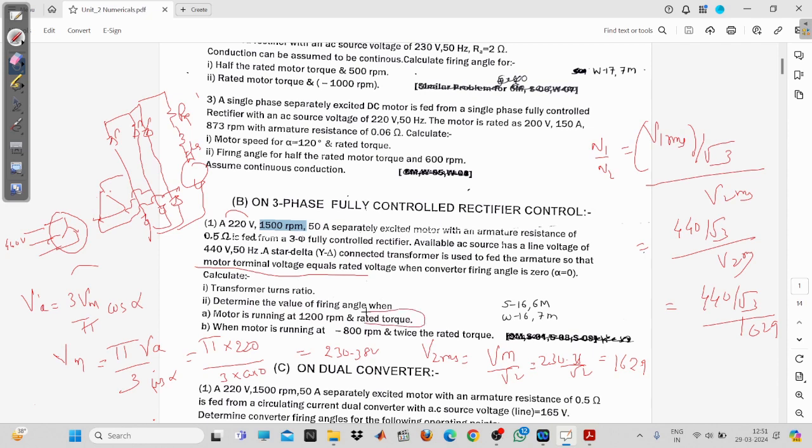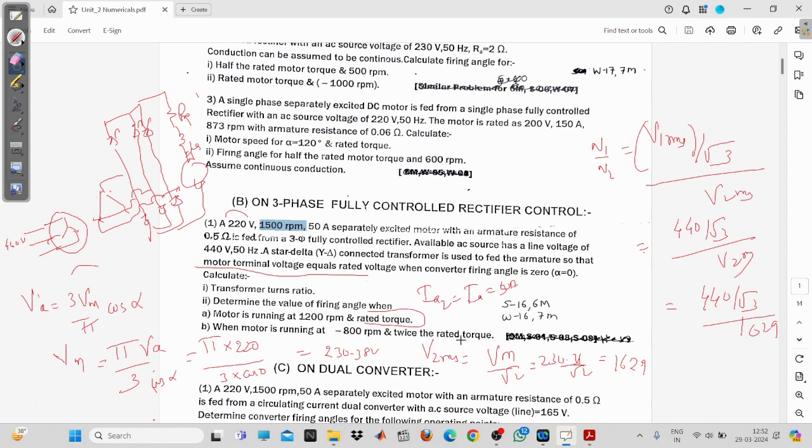The torque is rated, which means IA2 will be equal to IA. Now what is IA? 50 ampere. Now you can see here, when the motor is running at minus 800 rpm, the speed is given. This is for the braking operation, and twice the rated torque.